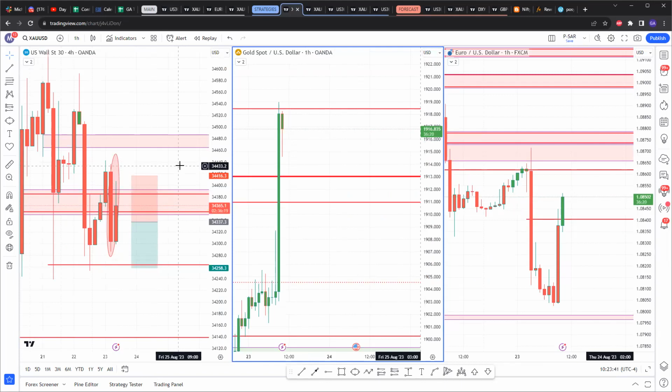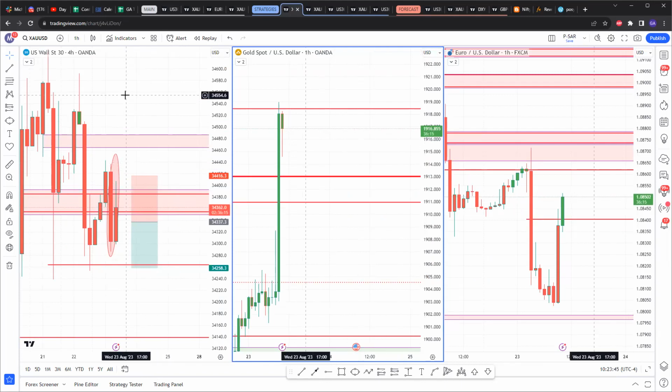So as much as some of you might not use the SARs, it is helpful to look at the higher time frames if you're entering trades on the lower time frame. If you're entering trades on the 1 minute or 3 minute, make sure you look at what's happening on the higher time frame. I would also recommend using higher time frames to set your stop loss, because that way, when you come back to the higher time frame, you'll see price more clearly.